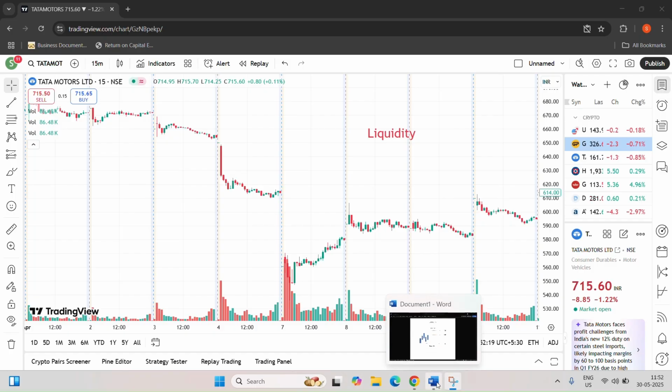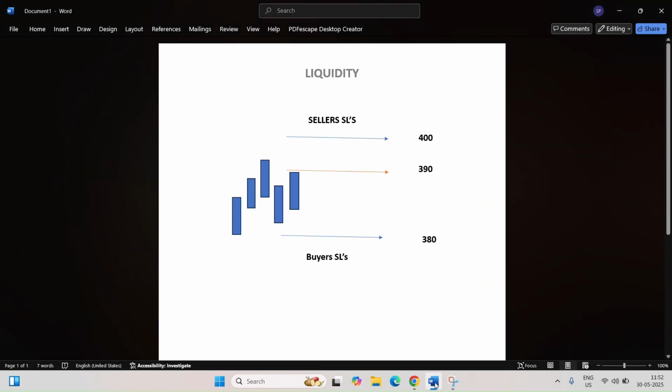This is a Word file wherein I've drawn some candles. This is the concept of liquidity I'm trying to explain to you. Suppose the current market price, this orange line, is 390. The market will go either up to 400, or come down to 380.